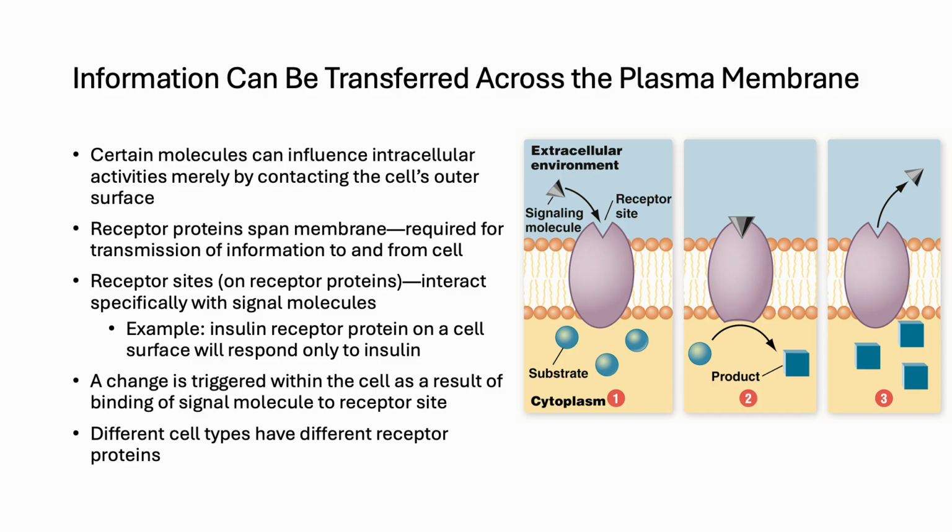For example, when insulin binds to its receptor, it stimulates glucose transport into the cell. Different cell types possess different receptors, giving them unique sensitivities and functions. This communication is essential for coordinating activities across tissues and organs. Without it, cells would act in isolation, unable to respond to environmental changes or maintain homeostasis.